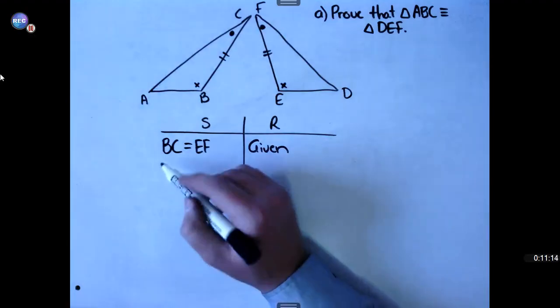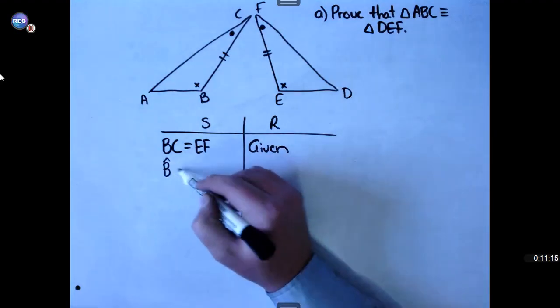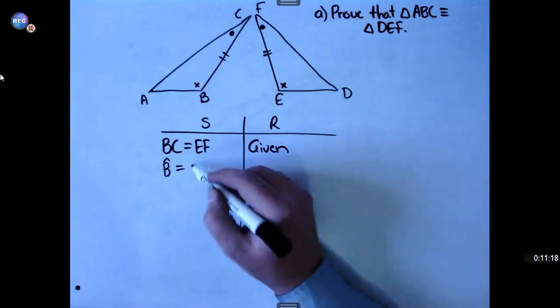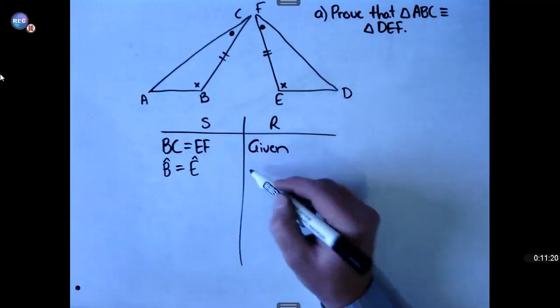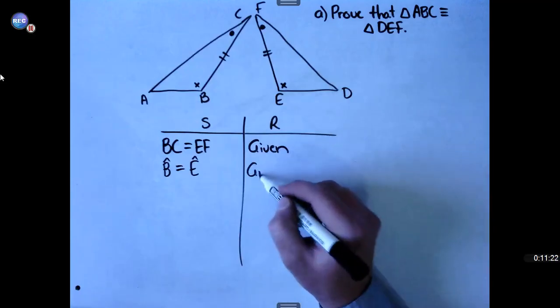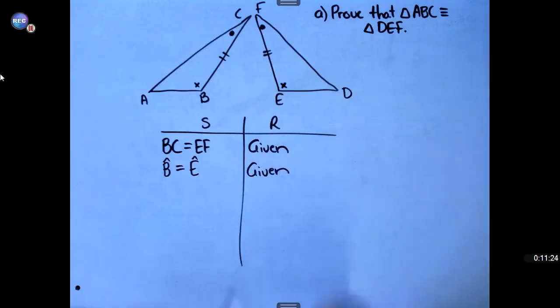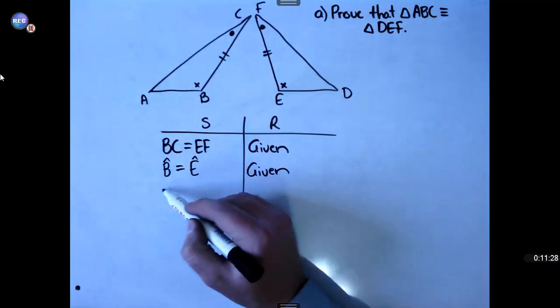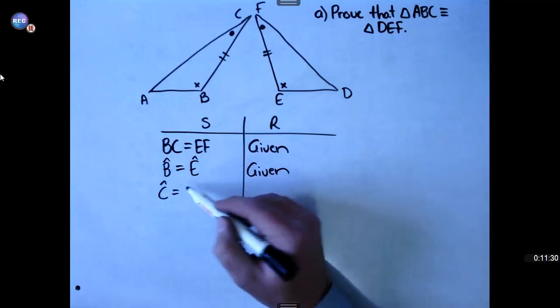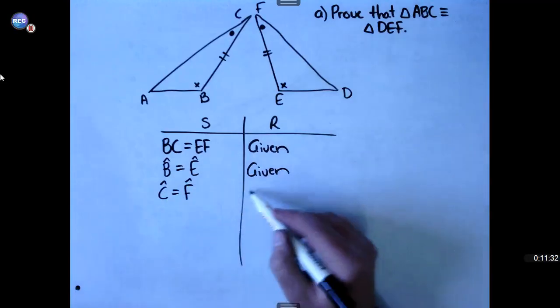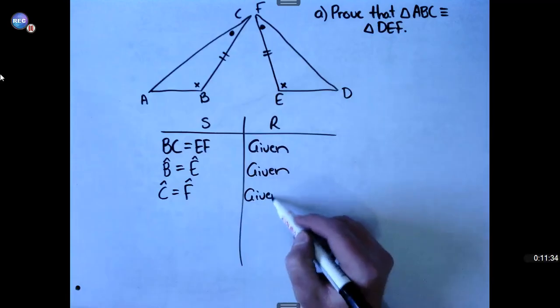Then angle B is equal to angle E. And the reason there would also be given. Then for angle C would be equal to angle F. And that would also be given because they gave it to you.